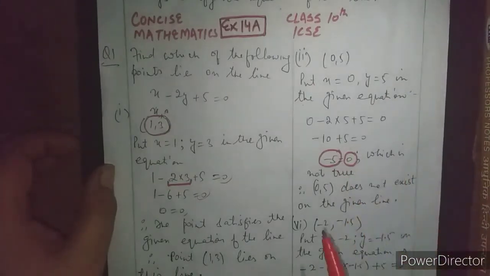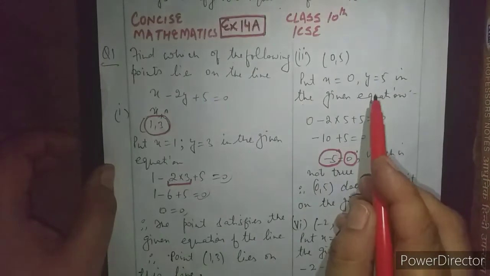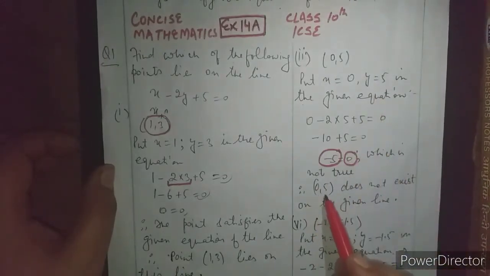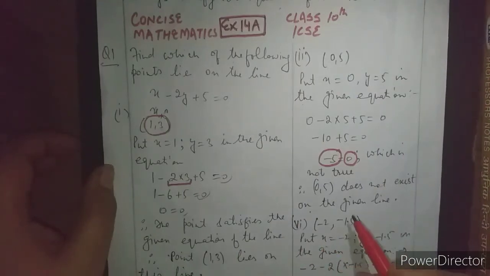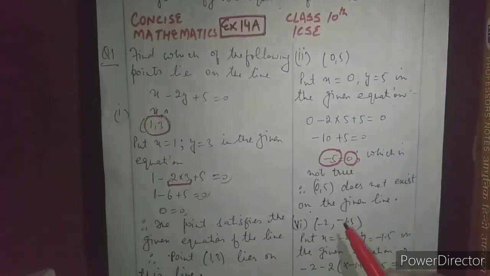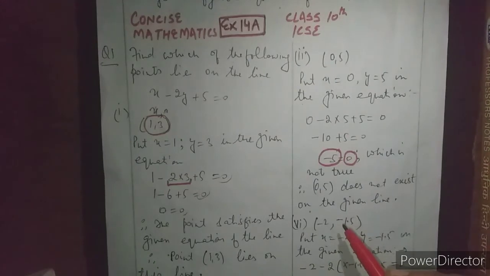It means that the condition is not satisfied, or that this point does not lie on the given line. So part number 2 does not lie on the line, but part number 1 does. Exactly the same way you will be solving part number 3, 4, 5 and 6.